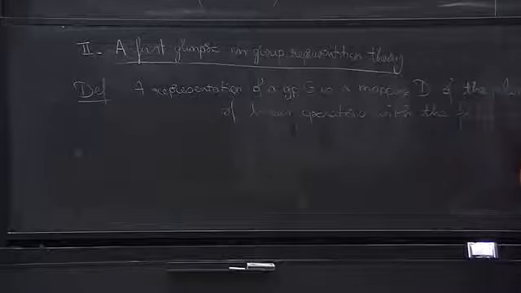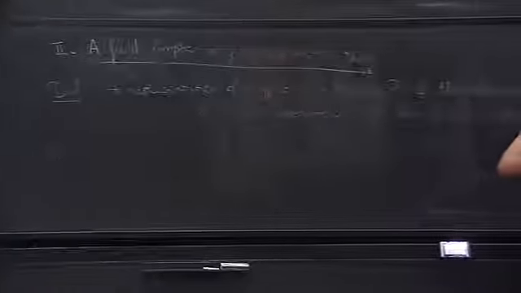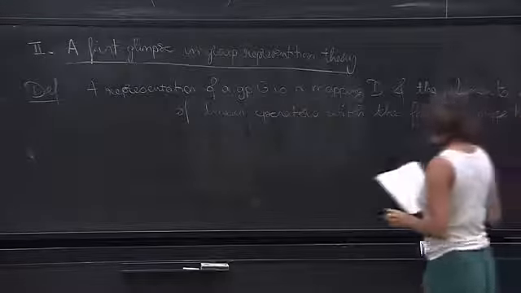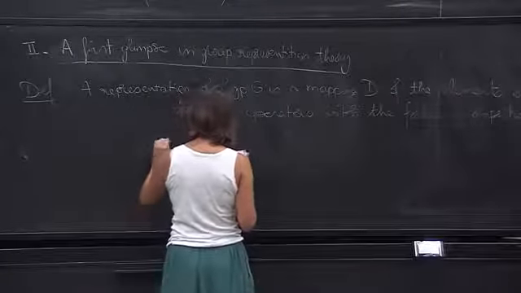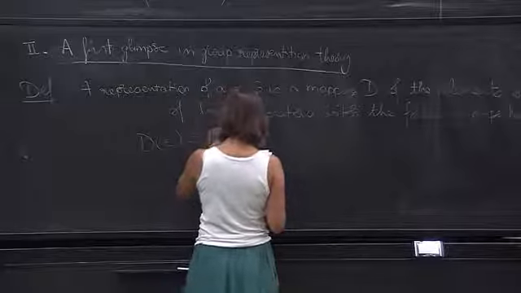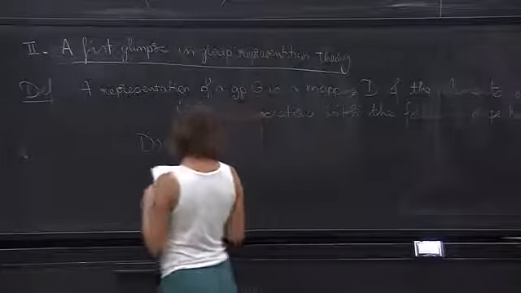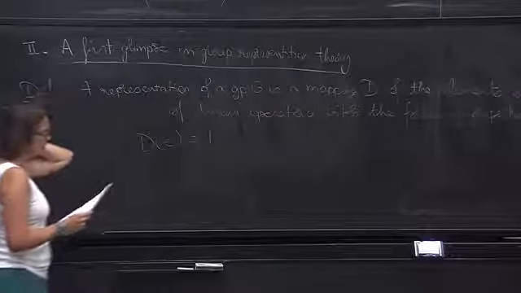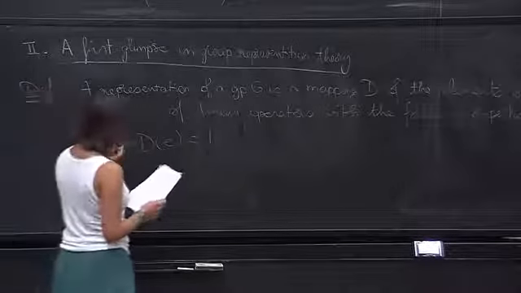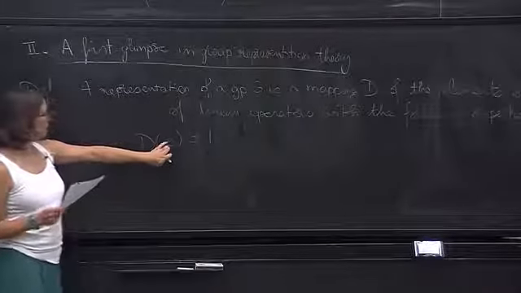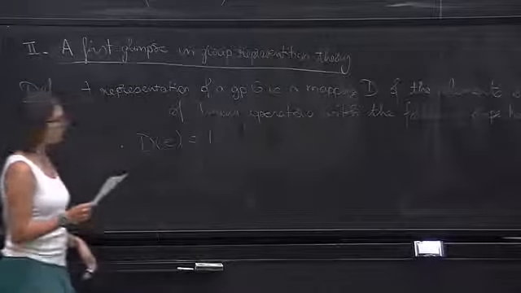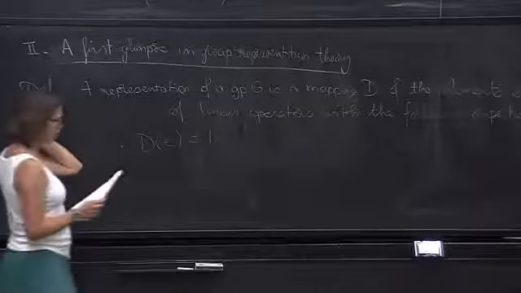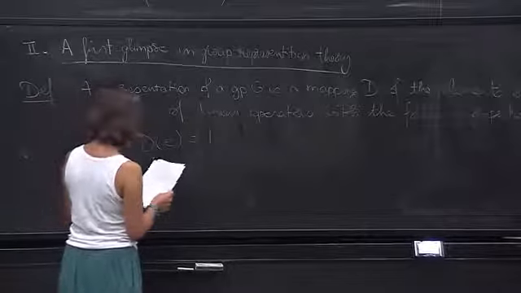Which are that you want, of course, that the identity of your group is the identity operator in the space on which the linear operators are going to act.